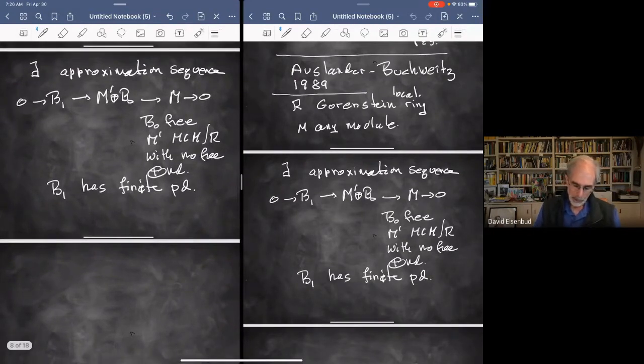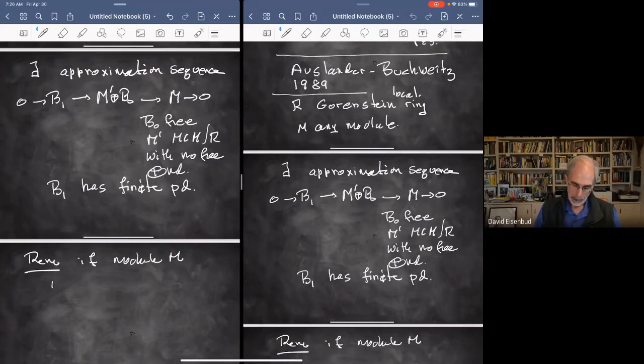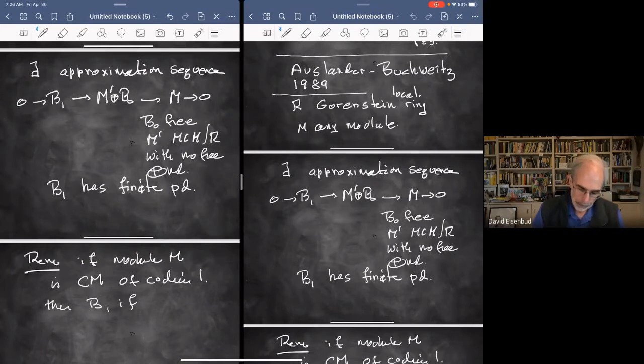And there's one additional remark about it, really. So if the module M is itself Cohen-Macaulay, not maximal Cohen-Macaulay, of course, then it would be equal to M prime. If it is Cohen-Macaulay, let's say of codimension 1, you could do this for larger codimension too, but I don't need it, then B1 is a free module.